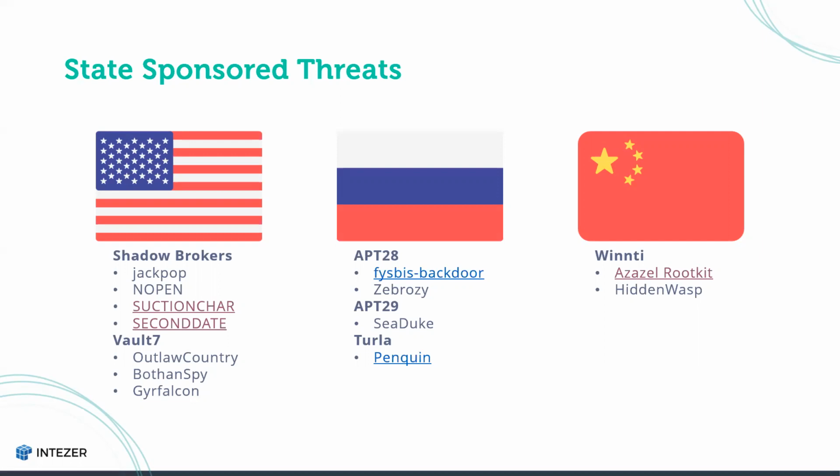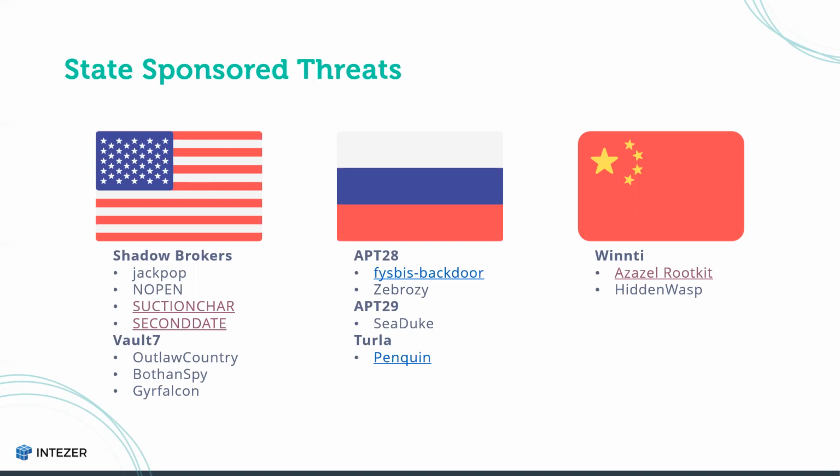But we can see, for example, that US-based state-sponsored actors, in the Shadow Brokers leak, had a whole tool set of binaries and implants mainly targeting Linux, and that's very extraordinary. And in the Vault 7 leak, there were also a lot of frameworks that targeted Linux devices.